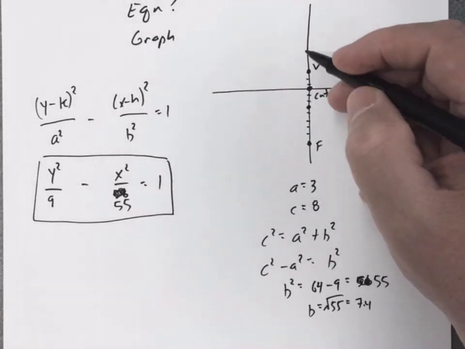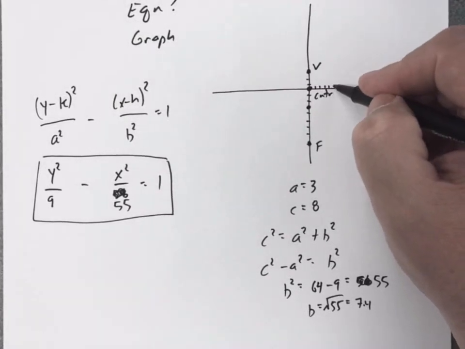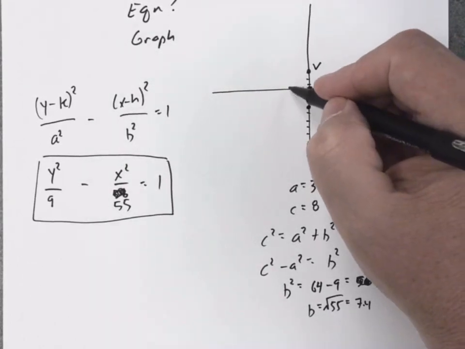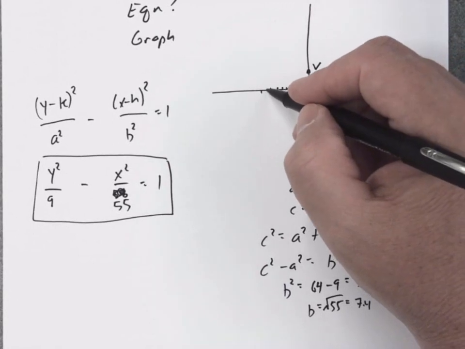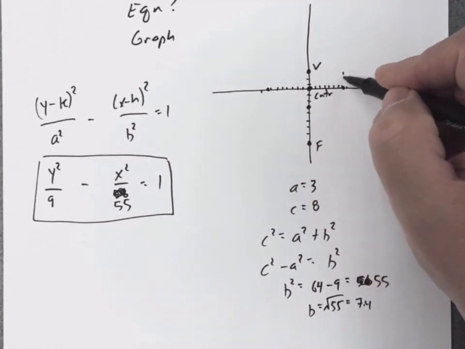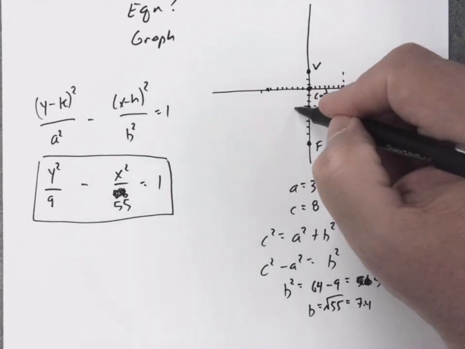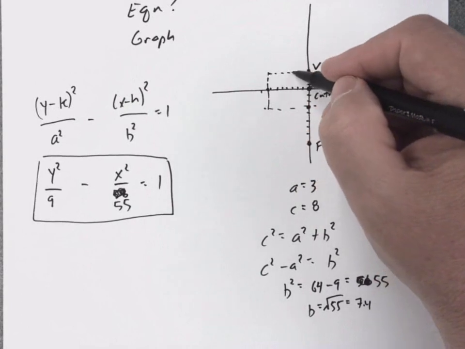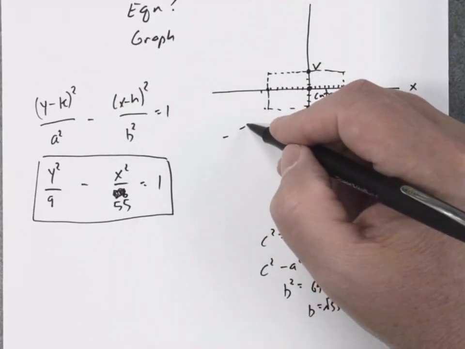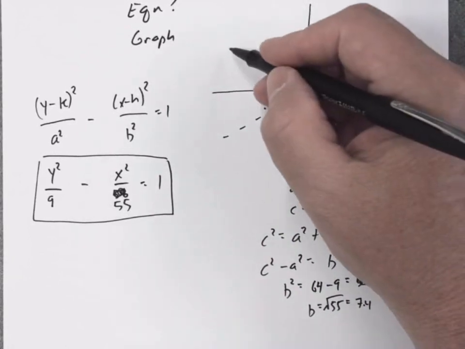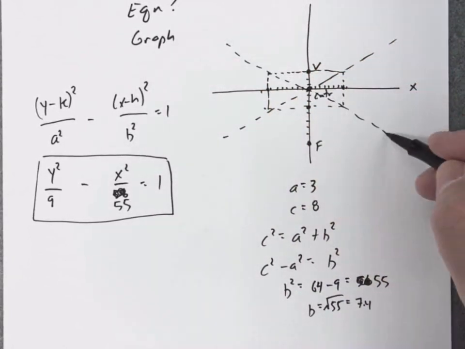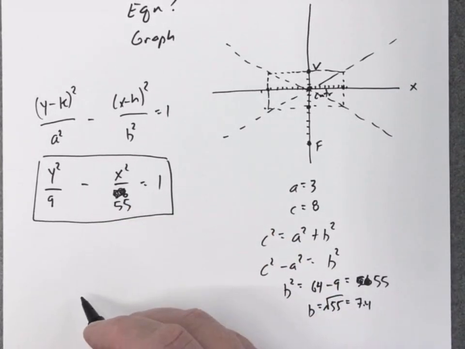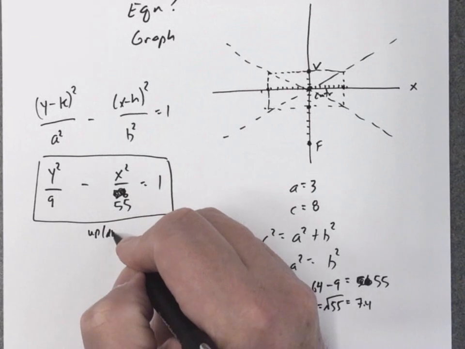So from the center, 1, 2, 3, 4, 5, 6, 7, maybe here. Then you draw the rectangle, do your asymptotes through the corners and the center, and since this is up or down, I should have written it here so you don't forget.